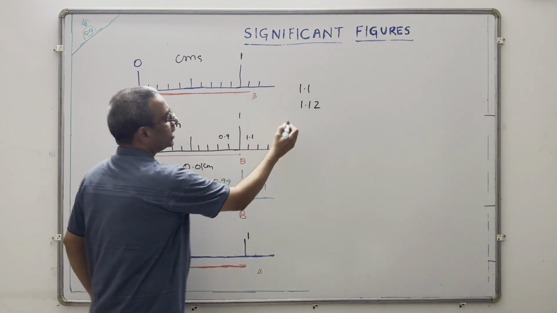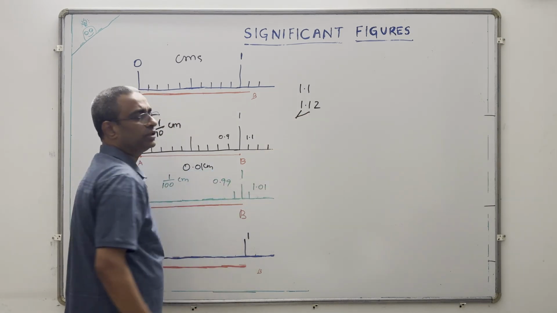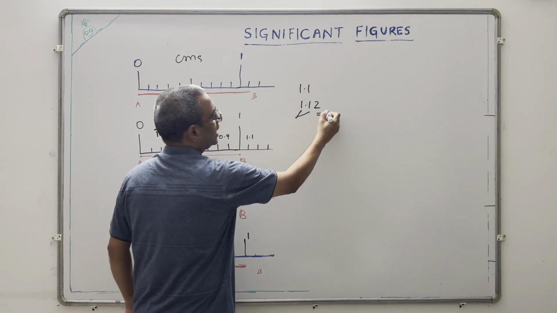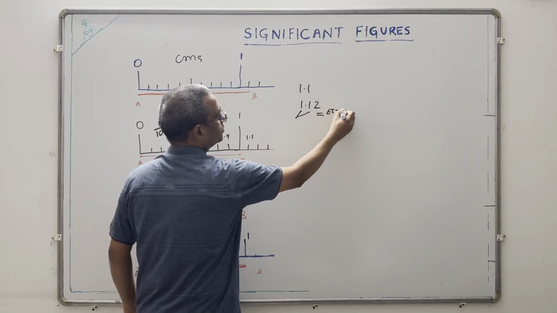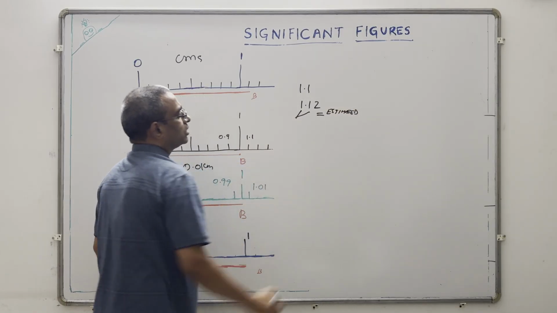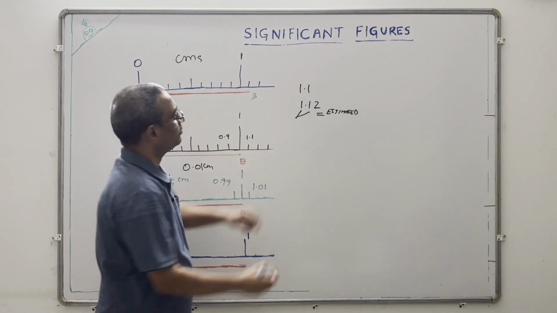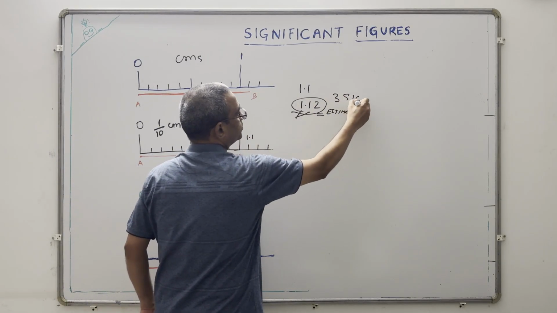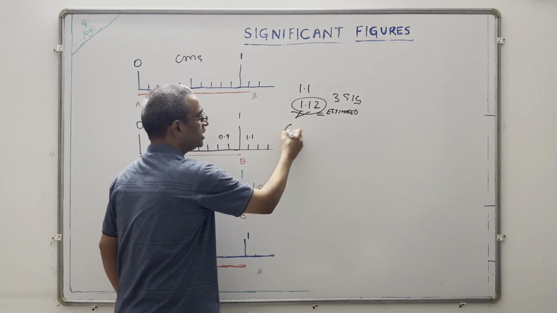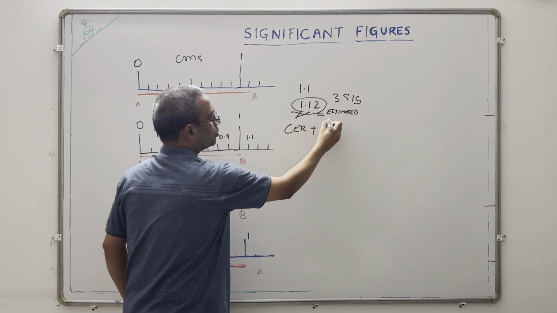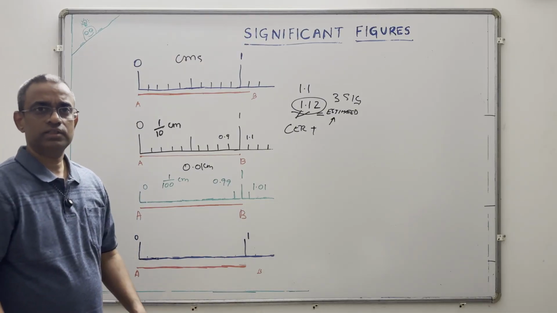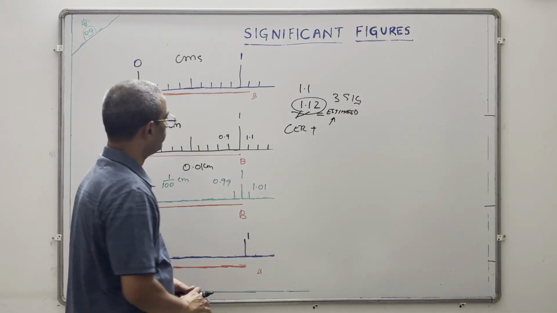So now again the 1 and 1, these two are certain and this is an estimated digit. So in total we have three significant figures. So certain digits plus one estimated digit, these put together are called the significant figures.